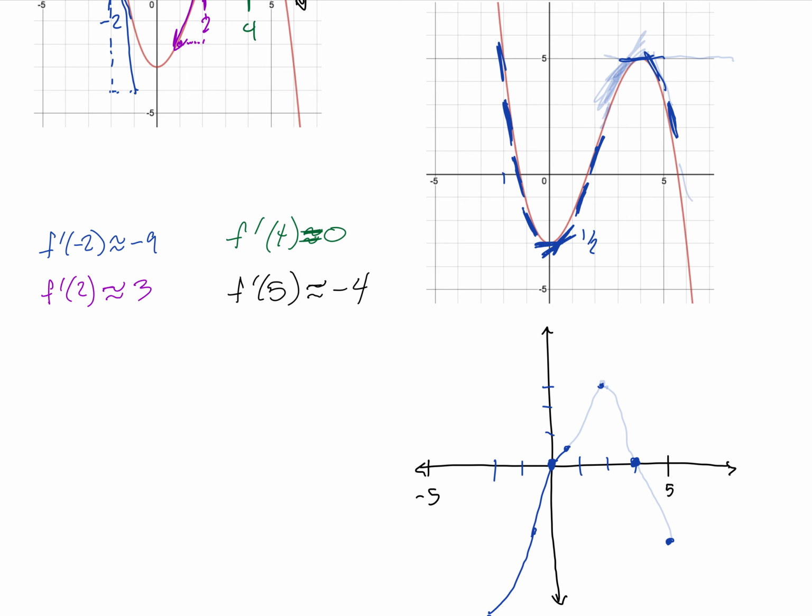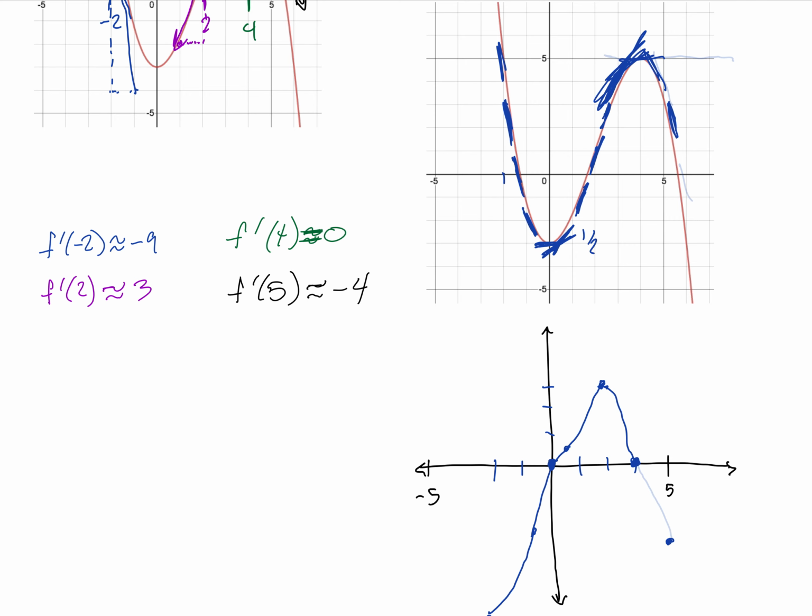We estimated the slope here to be about 2, so that's this right here. So we're going up and reaching there, and then at that point it's still a positive value, but it's becoming a smaller slope and then hitting 0. So going down, still positive but smaller.